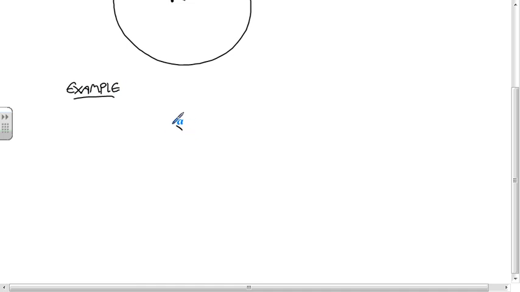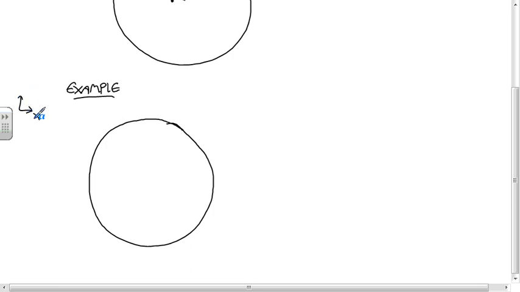Say that you have a Ferris wheel in this coordinate system. This point here has higher gravitational potential energy than this point. This isn't a bird's eye view, this is a view from the side. And let's say we have a camera fixed on this Ferris wheel.